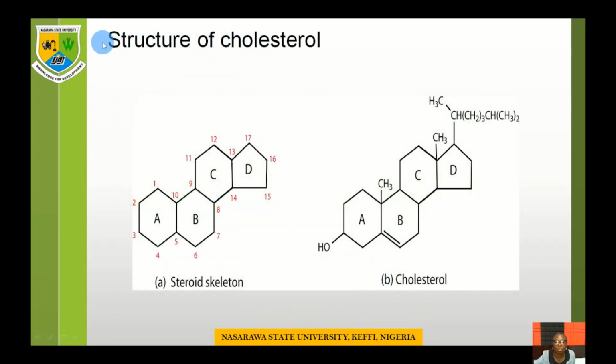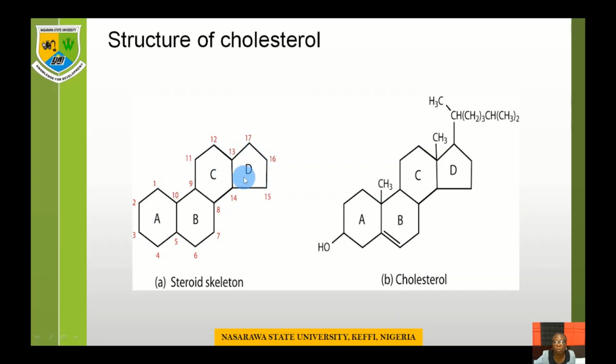This is the structure of cholesterol. This is the steroid skeleton. You have A, B, C, and D rings. All right, and this is number 1 carbon here. Number 2, 3, 4, 5, 6, 7, 8, 9, 10, 11, 12, 13, 14, 15, 16, 17.